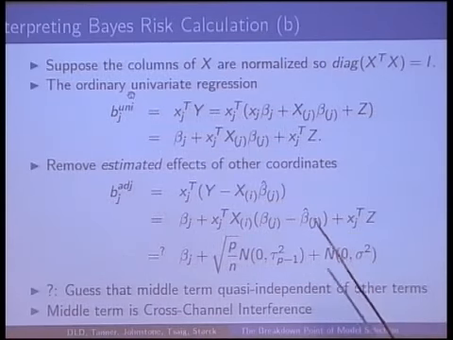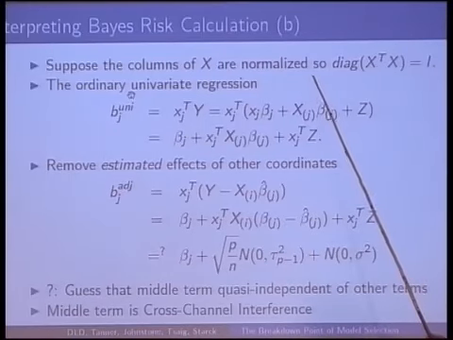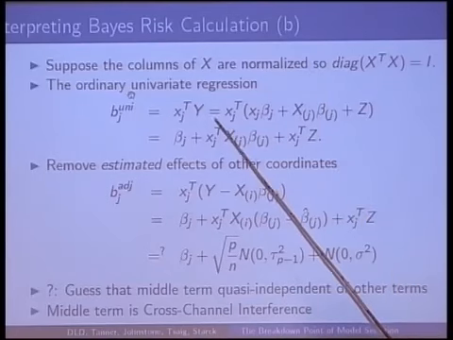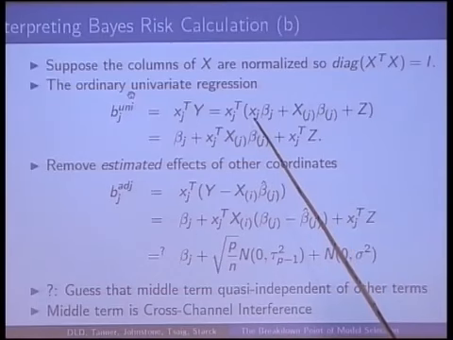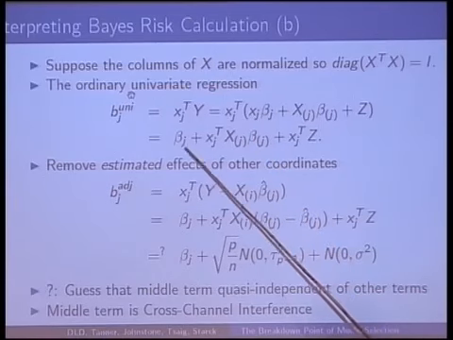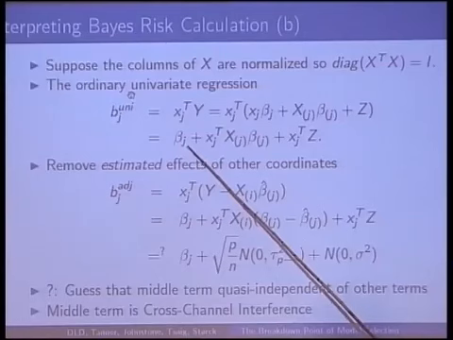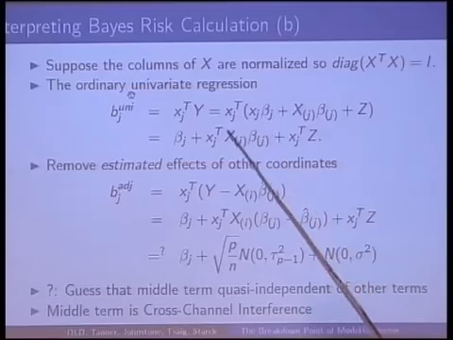There's a technique called the cavity method which lets you understand what this is in a heuristic way, and the way to prove it is to go through this kind of analysis. If we did ordinary univariate regression, we would get the true beta that we're interested in, plus some disturbing noise, plus cross-channel interference.